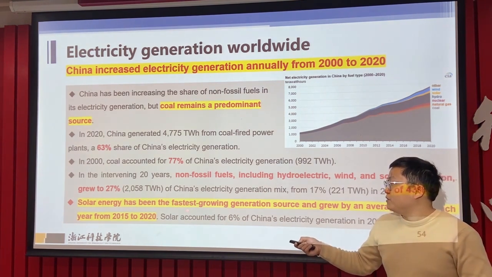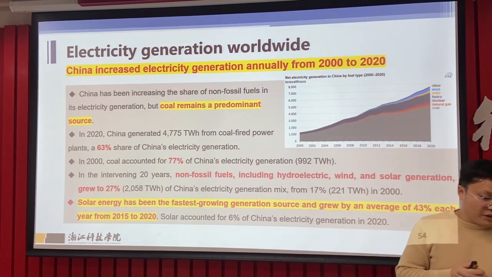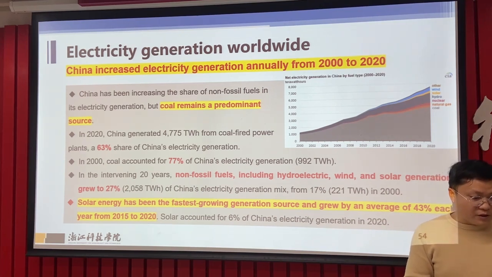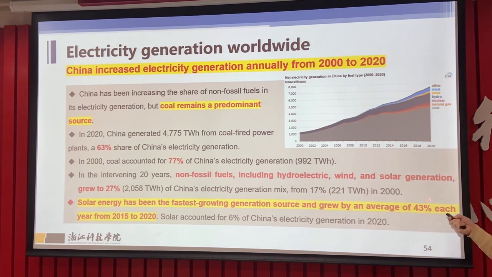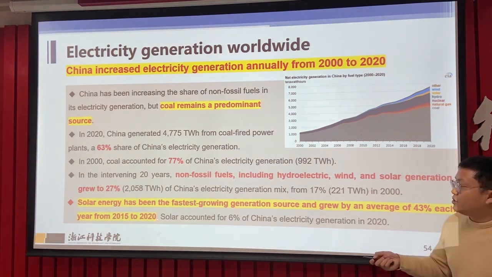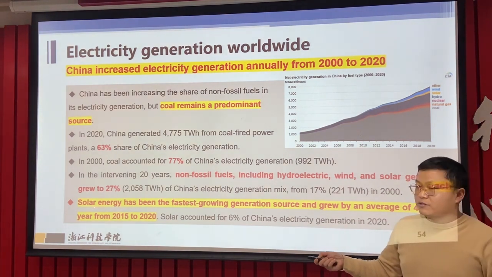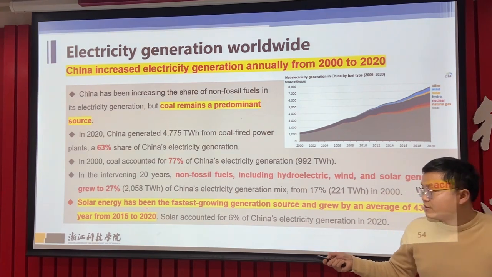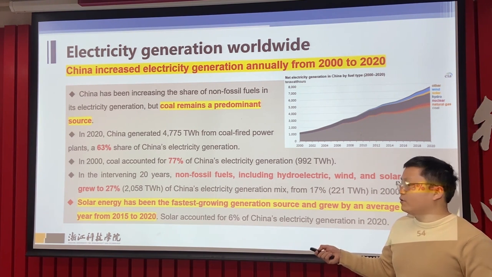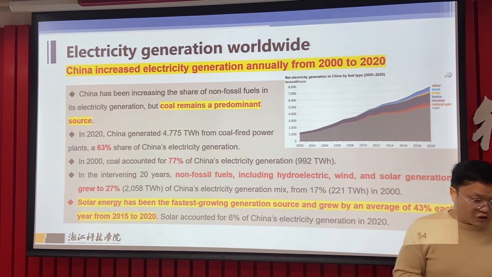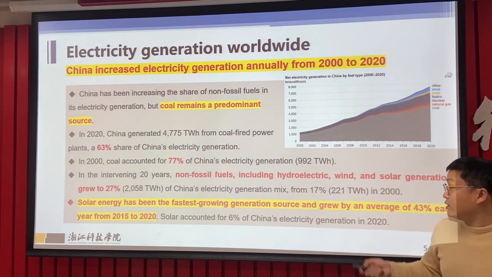Solar energy has been the fastest growing generation source and grew by an average of 43% each year from 2015 to 2020. Solar energy accounted for 6% of China's electricity generation in 2020.